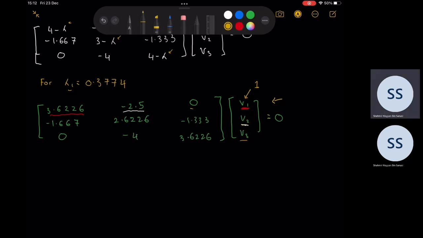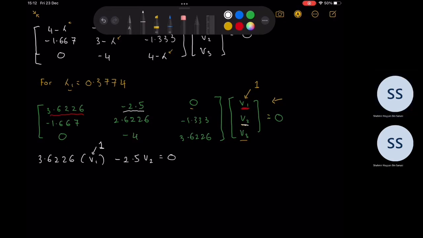Since V3 does not appear in the first row, it makes things easier, whereby we can get the V2 value straight away. So from the first row, 3.6226 multiplied with V1, remember that V1 is 1 because we normalized it, minus 2.5 V2 equals to 0. So from here, we get V2 equals to 1.449.